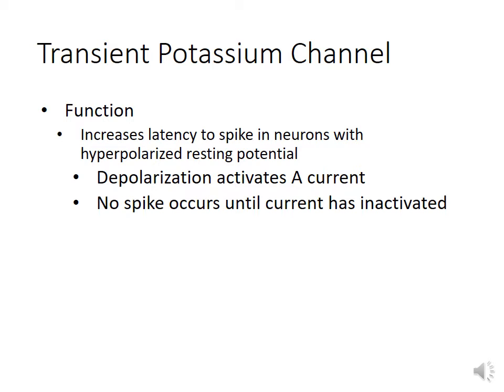Many of these transient potassium channels are modulated by protein kinases or phosphatases, and therefore by modulating the activity of these channels, one neuron may have different excitability patterns according to the status of the cell.